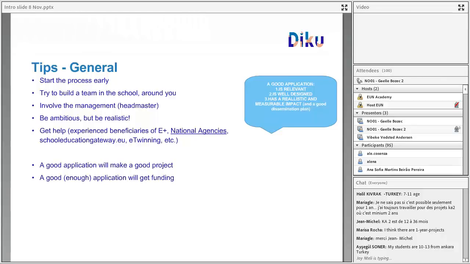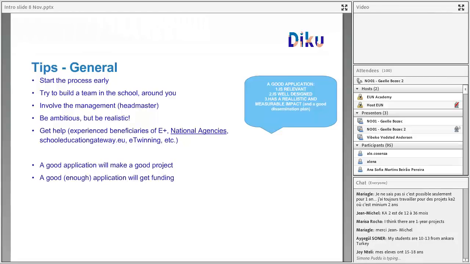Another tip is that you should get help from experienced beneficiaries and from others, like the national agencies, people using eTwinning, and there is a lot of material in the School Education Gateway. When you are building your project, keep in mind that a good application is relevant, it's well designed, and has a realistic and measurable impact.